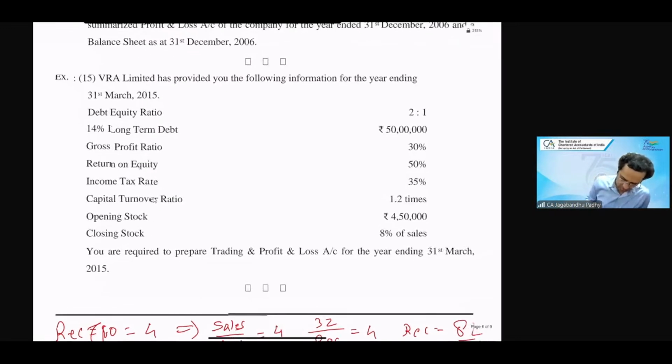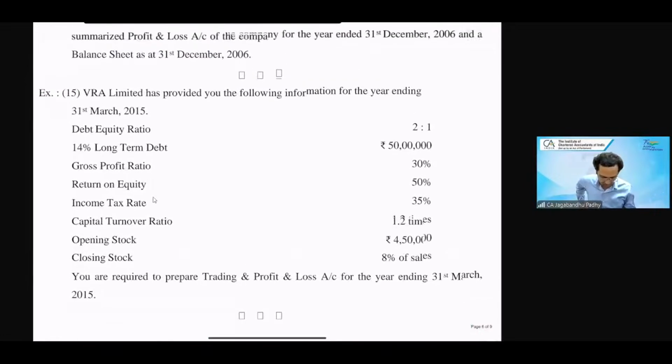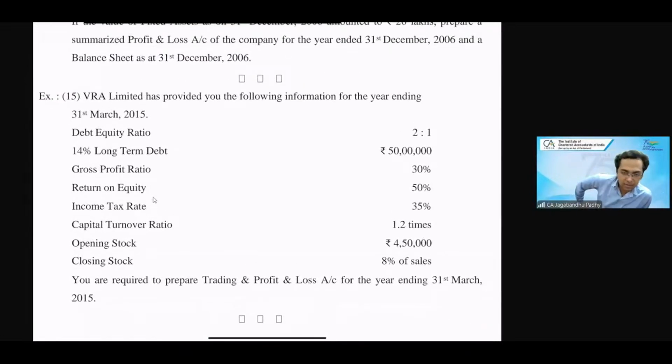Okay. Then let's go ahead with this question number 15 now. Here it is required to prepare the trading and P&L for the year ended. Trading account and P&L account, you can prepare it in vertical format.